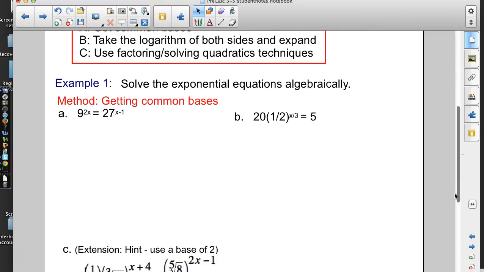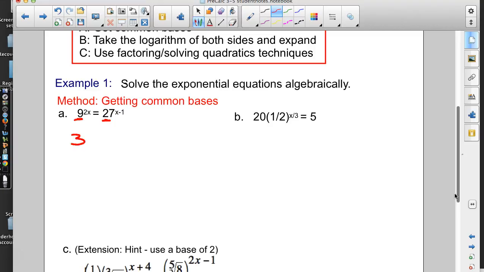So example 1 says solve the exponential equations algebraically, and the method that we want to use here is getting common bases. So when we look at A, we want to focus on those bases and think, okay, 9 and 27. Is there some number that I could raise to a power that could give me both of those? Yeah, it'd be 3.